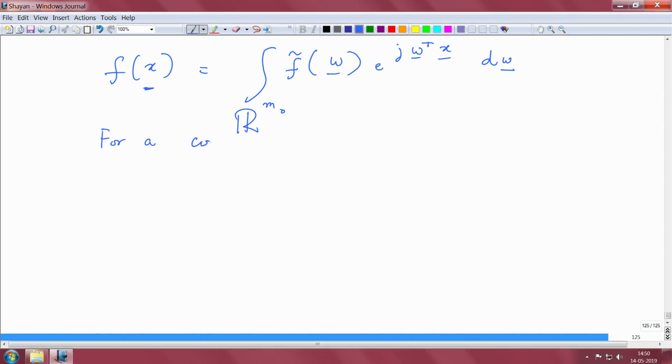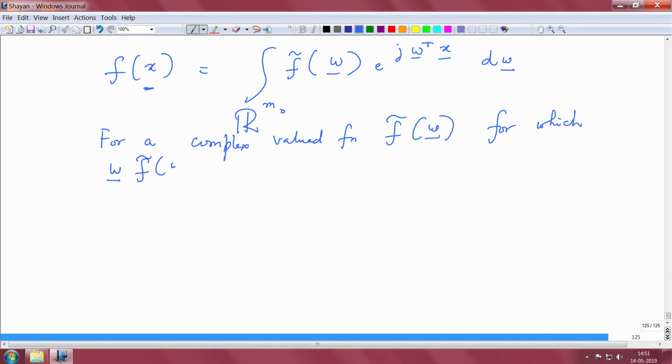For a complex valued function, f tilde of w, for which w times f tilde of w is integrable, let us define a parameter Cf, which is the first absolute moment of the Fourier magnitude distribution of f given by this equation.